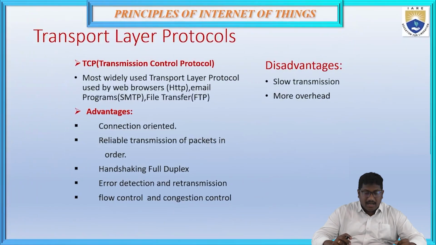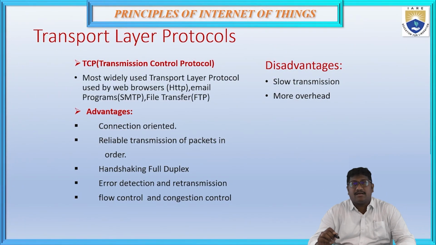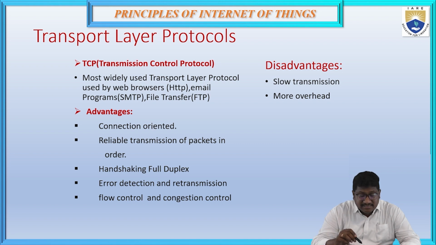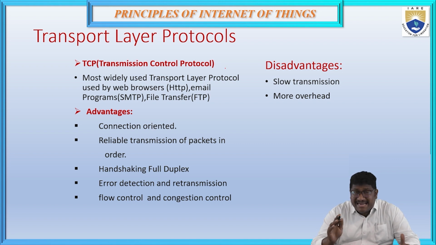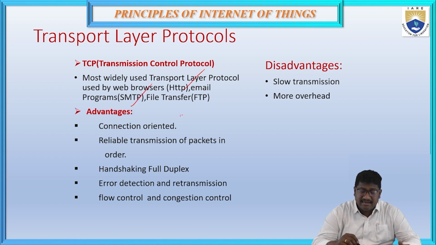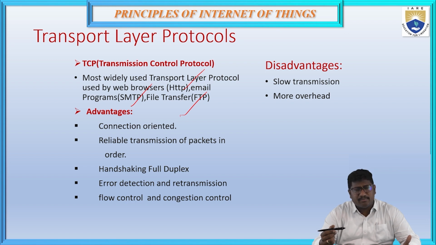TCP is widely used for HTTP web browsers, hypertext transfer protocol, email, simple mail transfer protocol, and FTP, file transfer protocol. There are advantages as well as disadvantages to every kind of protocol. In this layer there are only two protocols, TCP and UDP.